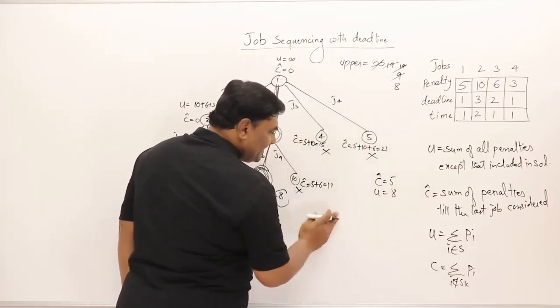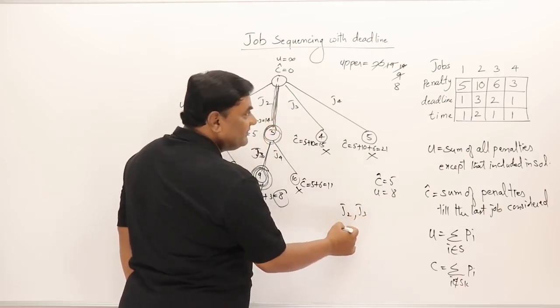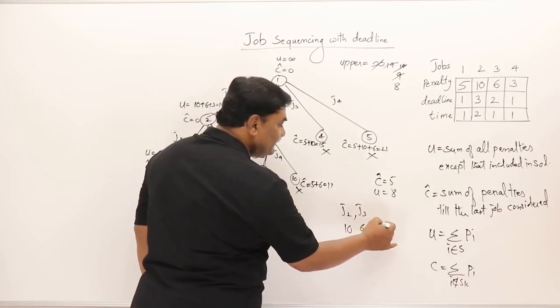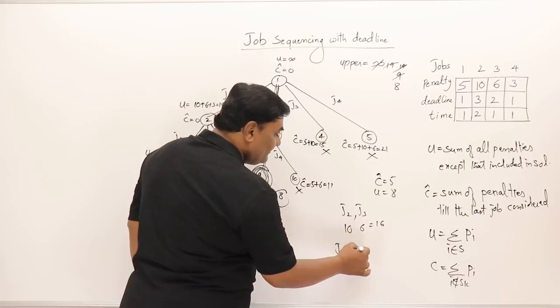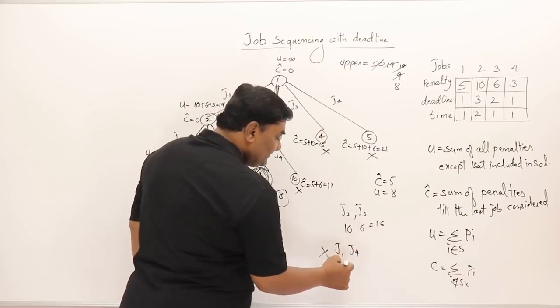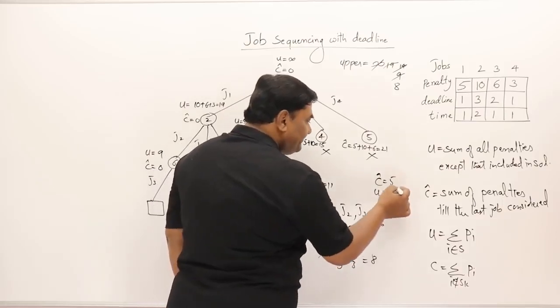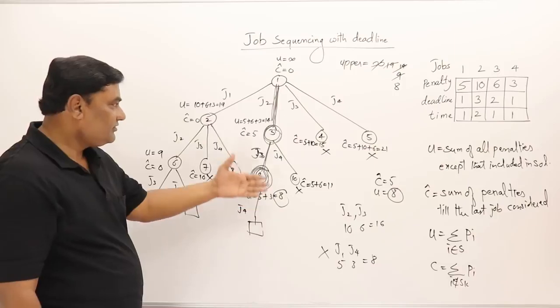So if we complete job 2 and job 3, then the penalties that we will be saving are 10 and 6, that is 16. And how much penalty we have to pay? Job 1 and job 4 are not done, so their penalties are 5 and 3, so that is 8. So the penalty that we'll be paying is 8. So that's how we got the solution.